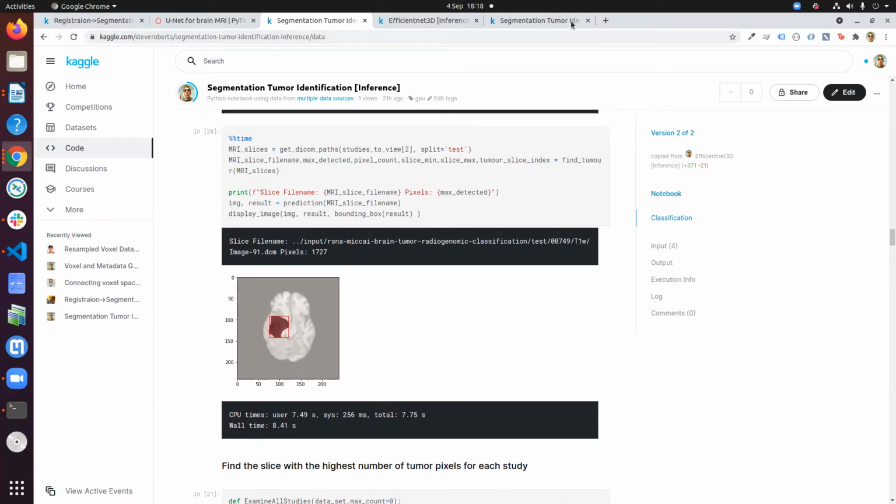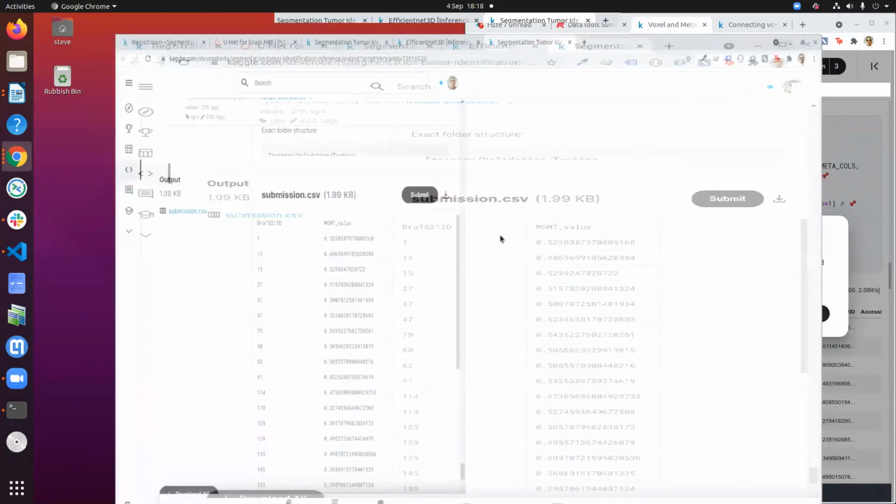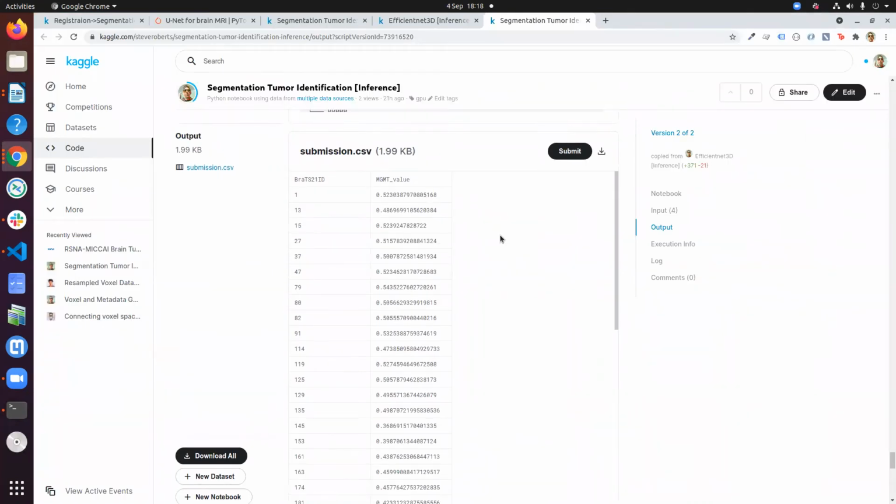Then the other thing I found, and I think you've seen this already as well, is when I stick it through the inference thing, this is on the test data. So this has gone through the segmentation model and through the classification model, and this is the predicted value.